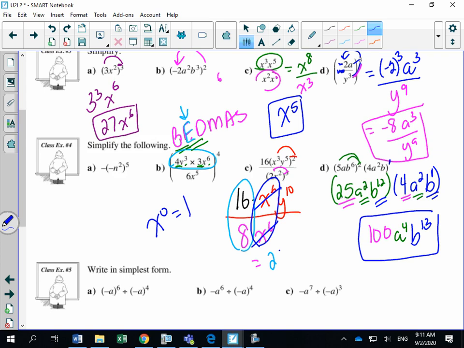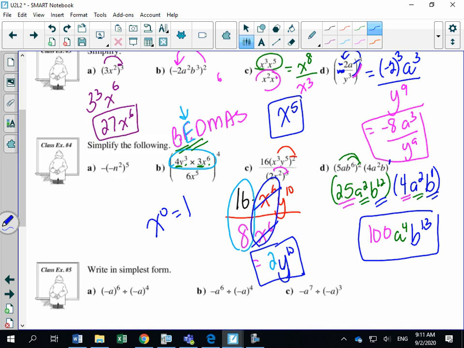So I could write 2 times 1, or I could just simply cancel the x to the 6 over x to the 6, and then I get y to the 10. Again, maybe I'll clean that up, 2y to the 10.